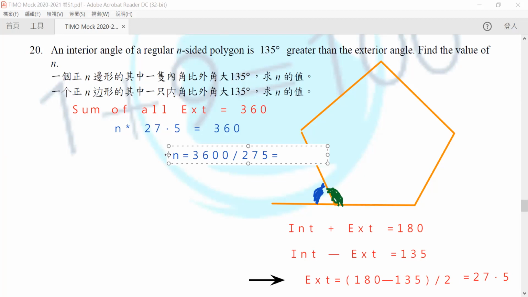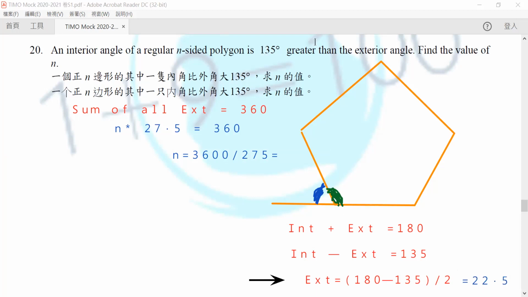Oh, did I make a mistake? Oh, geez, I keep making mistakes. This is not 27.5, because this should be 180 minus 135, which equals 45, divided by 2, which is 22.5.